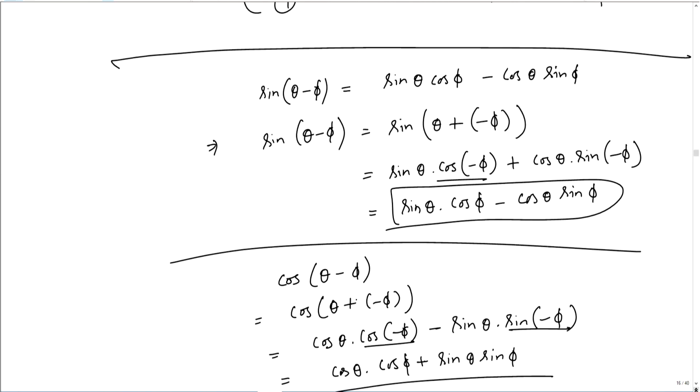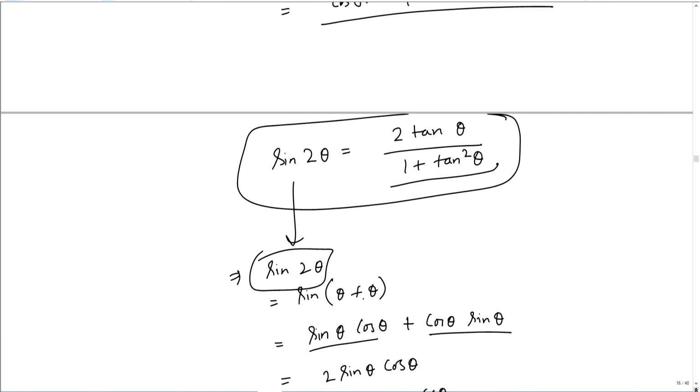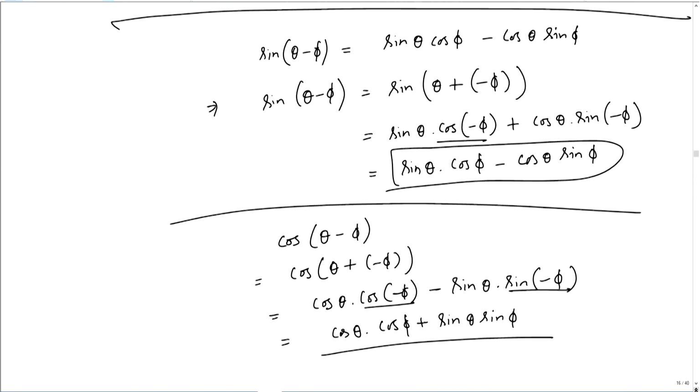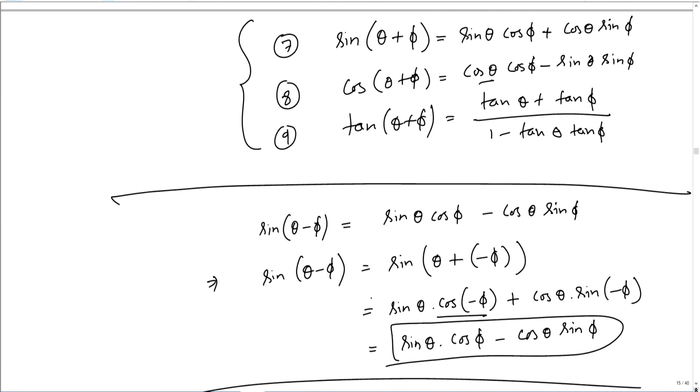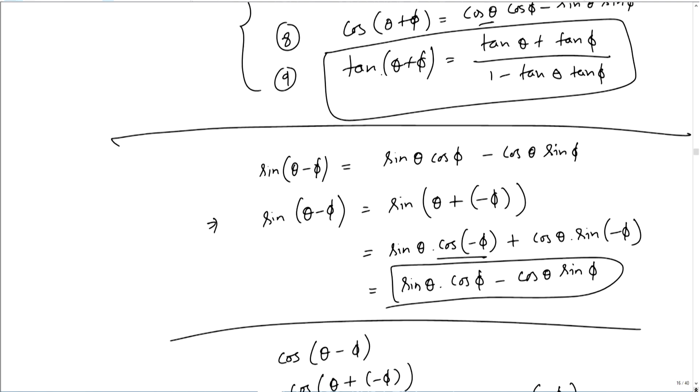We can take a look here. I think I have not, but I have told you the identity for tan of a plus b. What if we try to derive this identity? Can we derive tan of theta plus phi equals tan theta plus tan phi divided by 1 minus tan theta tan phi? Let us give it a try.